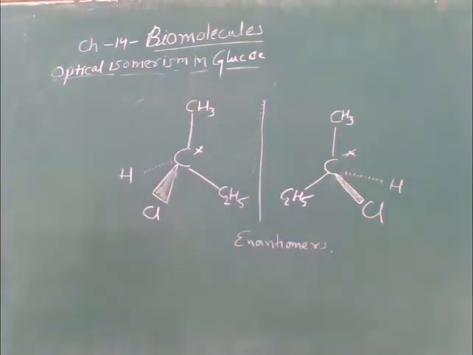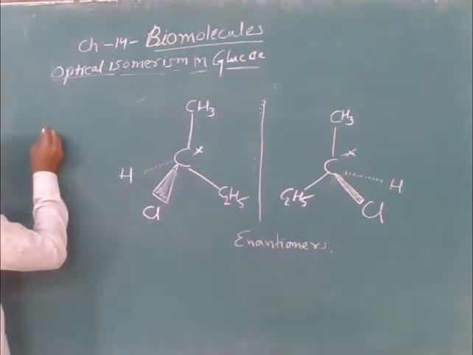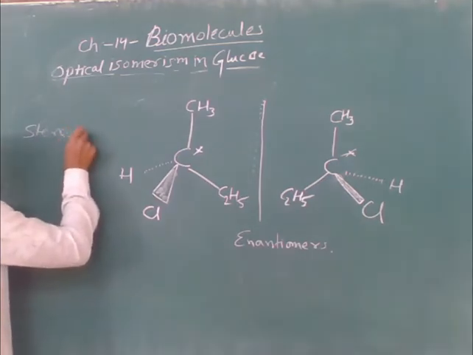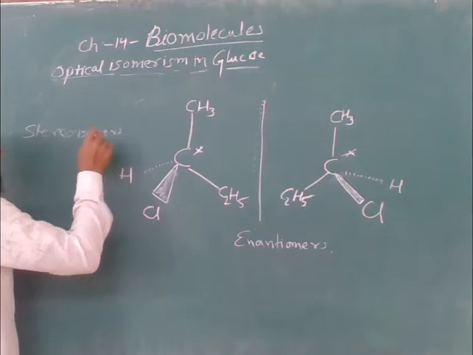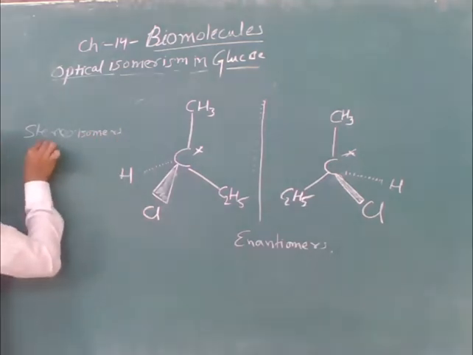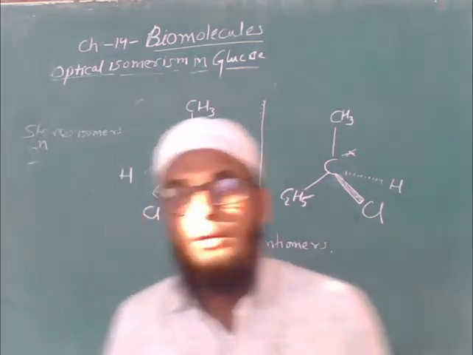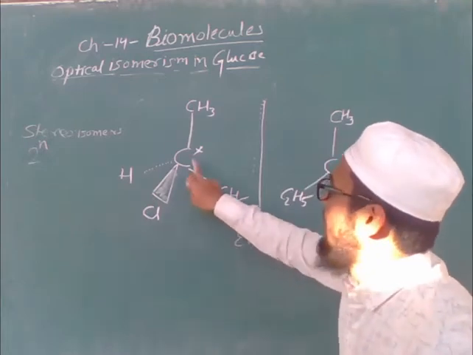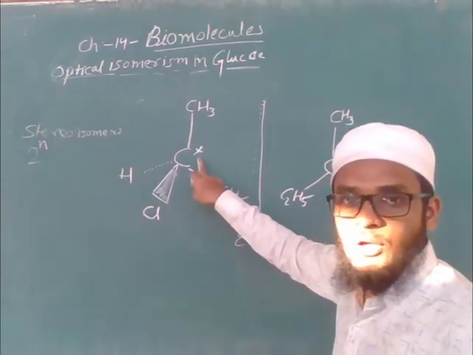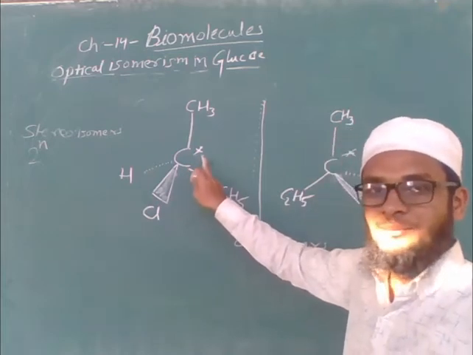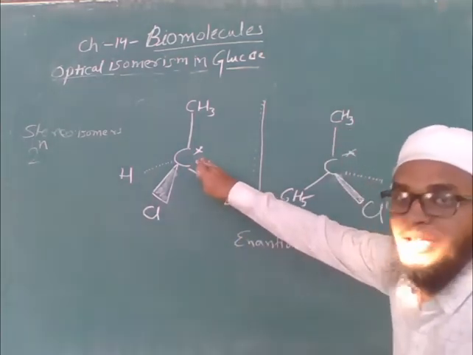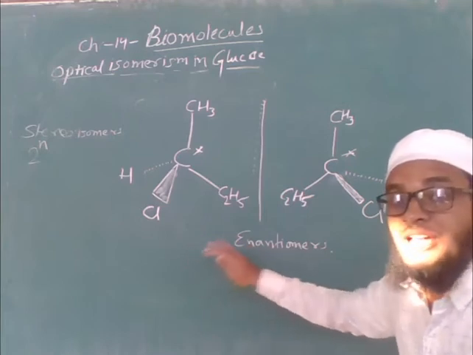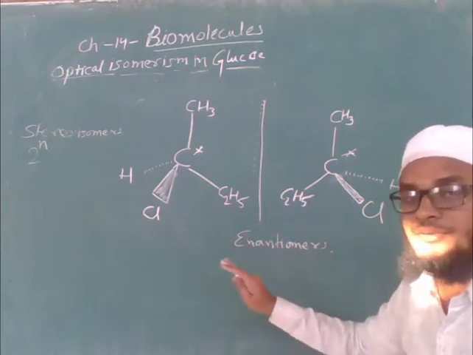So I got the formula: number of stereoisomers based on chiral carbon. 2 raised to n is the formula. From where did we get this formula? From such compounds. Look at this. It has one chiral carbon. So 2-chlorobutane has one chiral carbon, and this one chiral carbon gives us 2 enantiomers, 2 stereoisomers, 2 optical isomers.